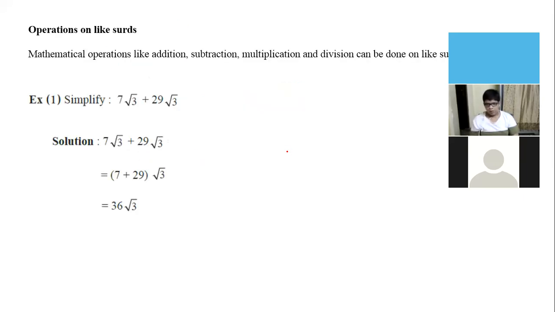Okay. Now I want you to write. Did you write this one? No? Okay. Write this one. Simplify the first one and let me know once you're done.